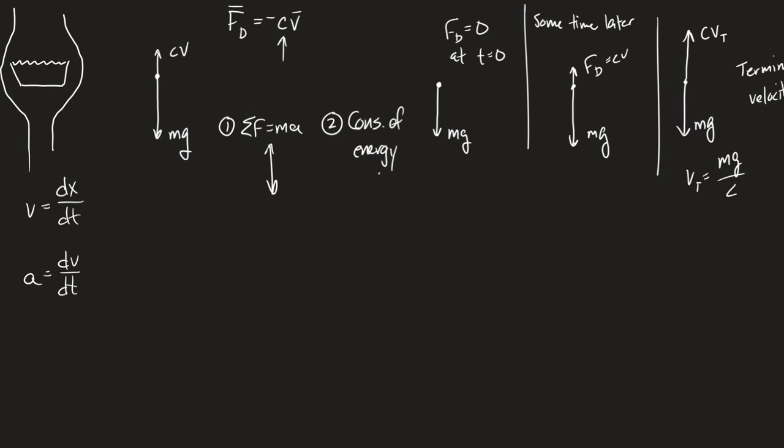This one's not a hard problem. mg minus cv equals ma. There. We've done the net force problem. Now, to create a differential equation, we need to substitute in for either the velocity or the acceleration with its differential alternative. Now, choosing which one to go there, I think is a no-brainer, but it might not be for you.